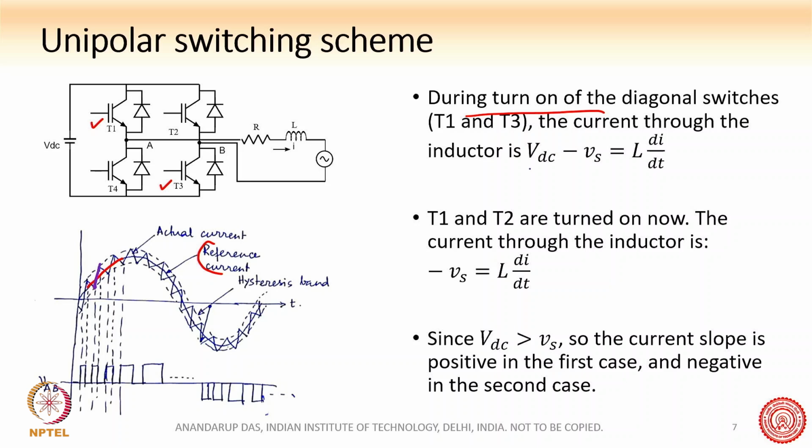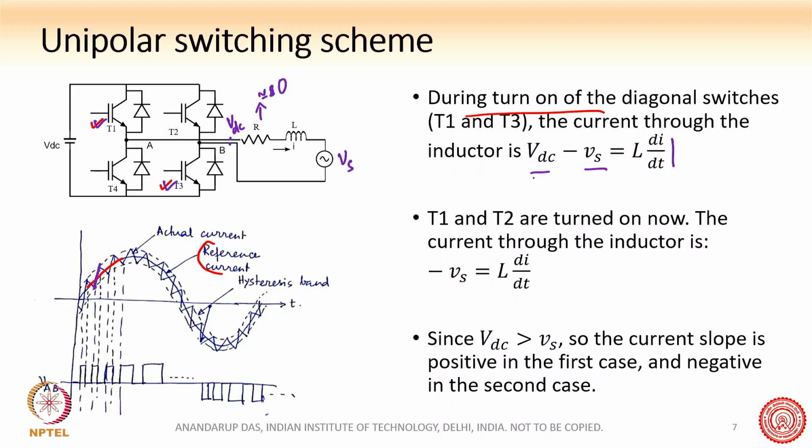Why will it rise? Because when you have turned on these two switches, the VDC voltage comes here at this point, and so VDC minus VS is the instantaneous voltage of the AC side. So VDC minus VS is L di/dt. I have neglected the resistance, being very small. You can also use the resistance, then it will become Ri plus L di/dt. For the moment I have used a very small resistance.